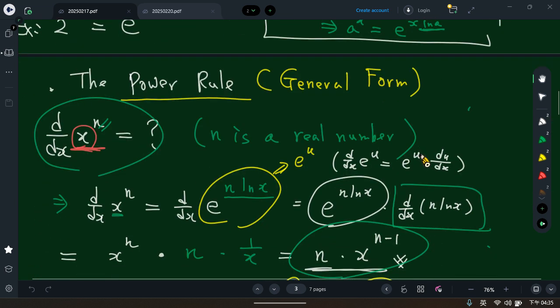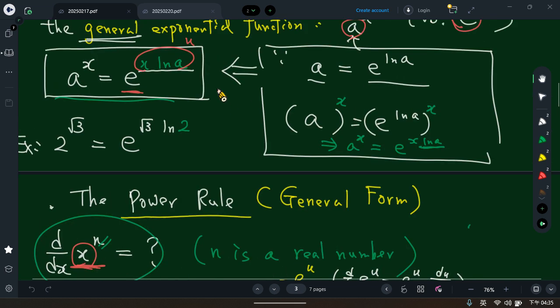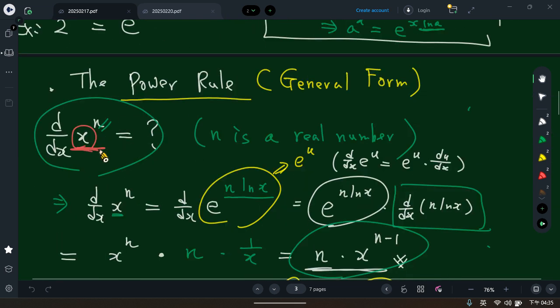Then we also talked about the power rule: with the support of e, we can extend the power rule to a general form. That means n here could be a real number instead of just an integer.